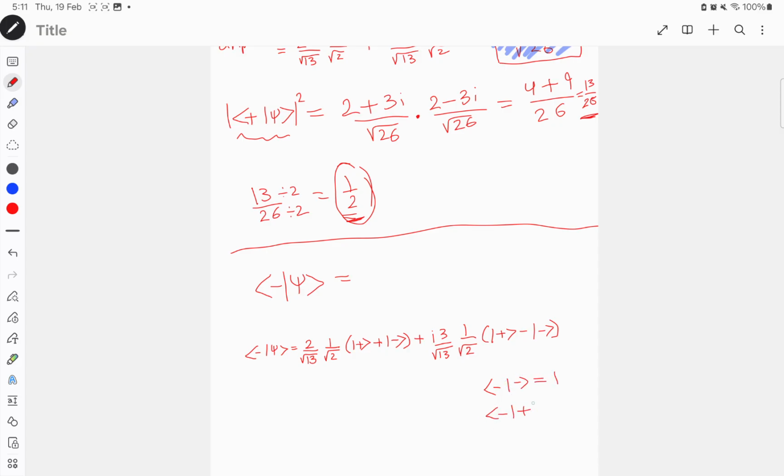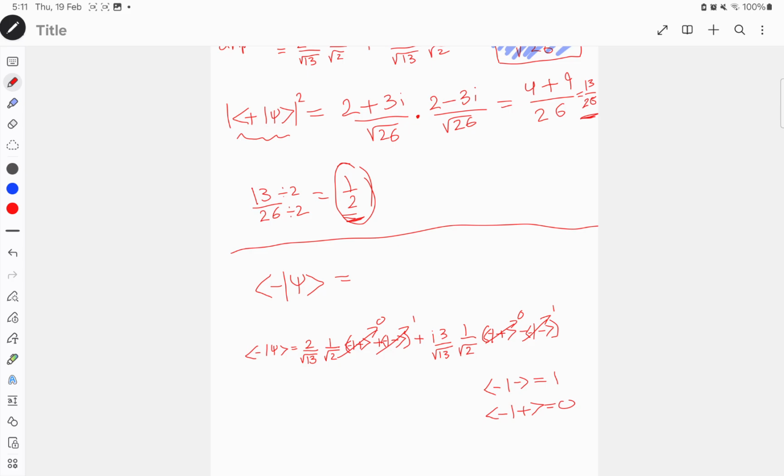Minus multiplied by plus will give us 0. So here by minus, here by minus. This will be 0, this will be 1, this will be 1, this will be 0.